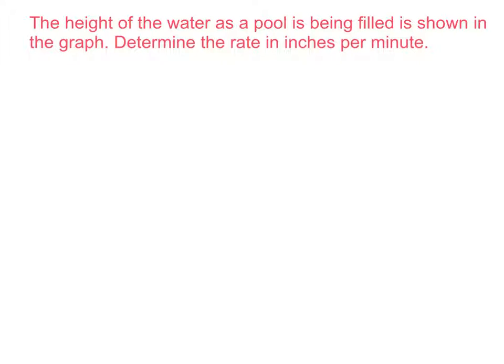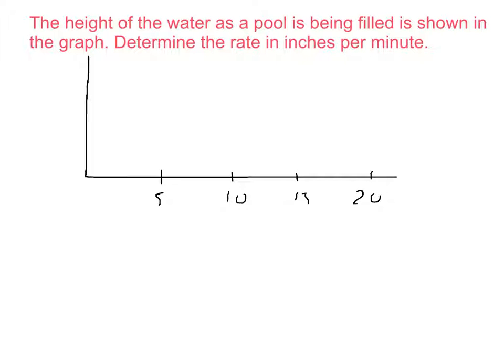So now, here's what the graph looks like. Make the graph, and we're going to go 5, 10, 15, 20, 1, 2, 3, 4. We're going to make it kind of simple here. And we're going to draw a line. Oh, you know what? Sorry. Change these numbers here.